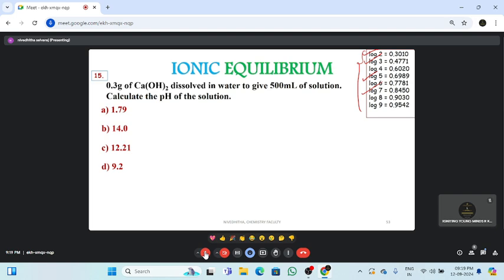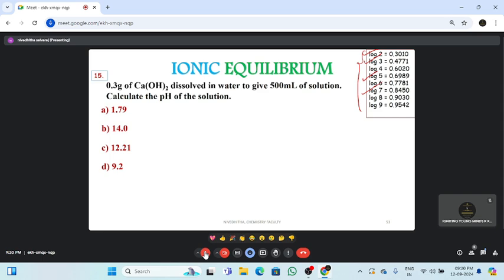So the solute is calcium hydroxide. They have taken 0.3 gram of calcium hydroxide and dissolved it in water to give 500 ml of solution, and they're asking us to find the pH of the solution. Now tell me, will the pH be less than 7 or greater than 7?